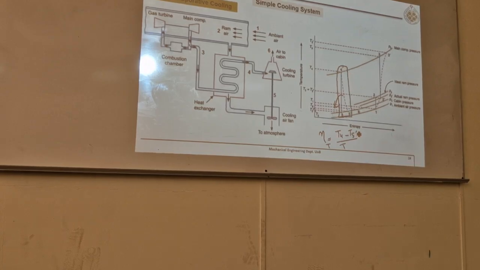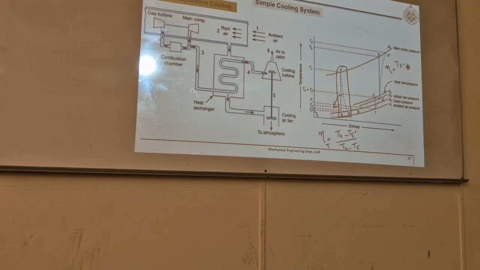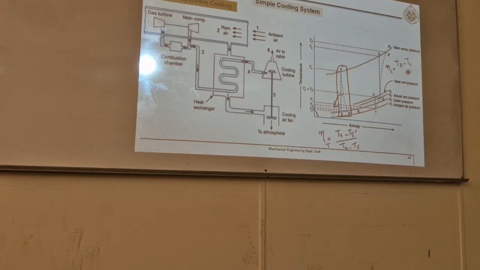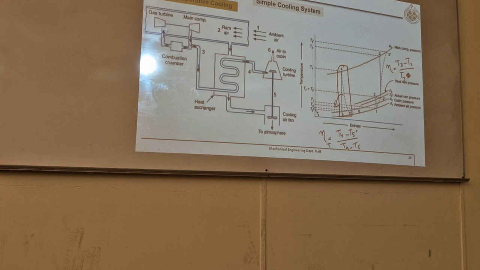Actual is T4 minus T5 dash, and isentropic is T4 minus T5. Okay, for a compressor, isentropic over actual, so T3 minus T2 isentropic divided by actual T3 dash minus T2.